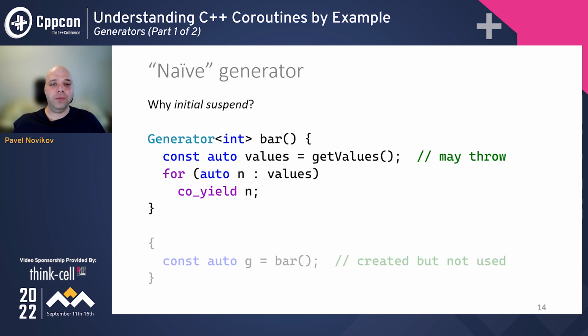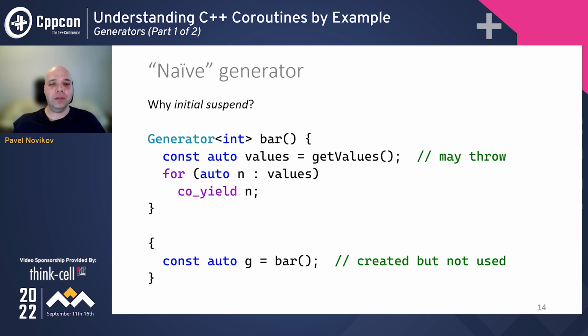If we get our generator but, for some reason, do not try to extract any values from it, that potential exception is undesirable. So in this case, we just create the generator and do nothing, and immediately after that, we destroy the generator. So we don't want any risks of exceptions.